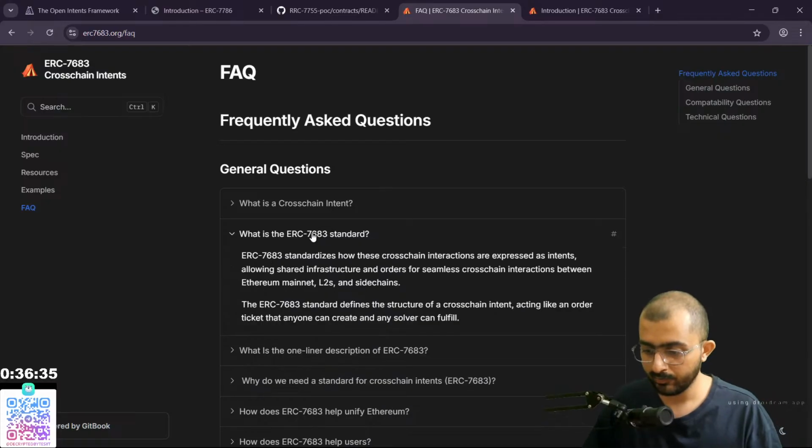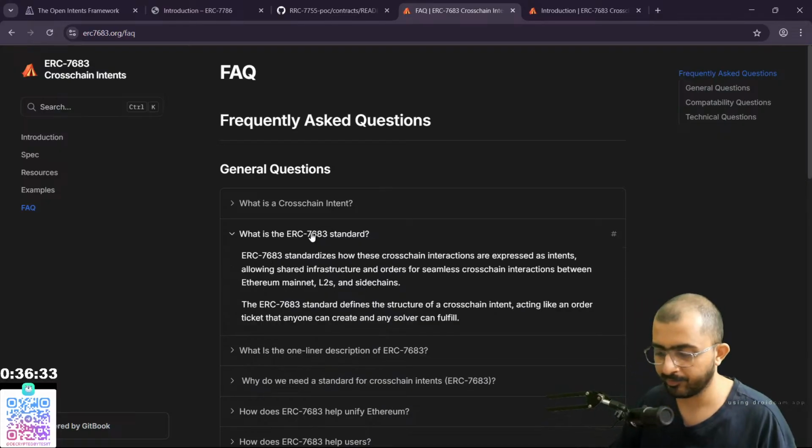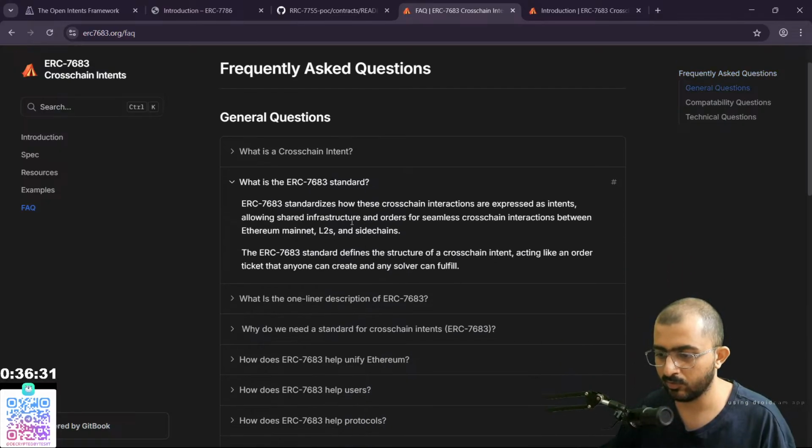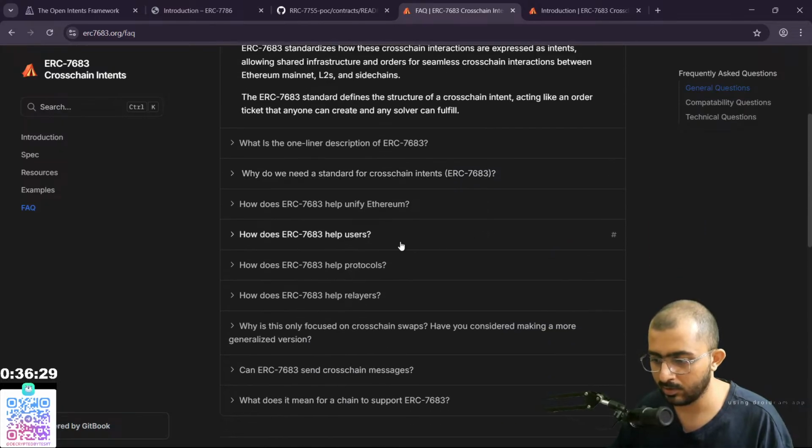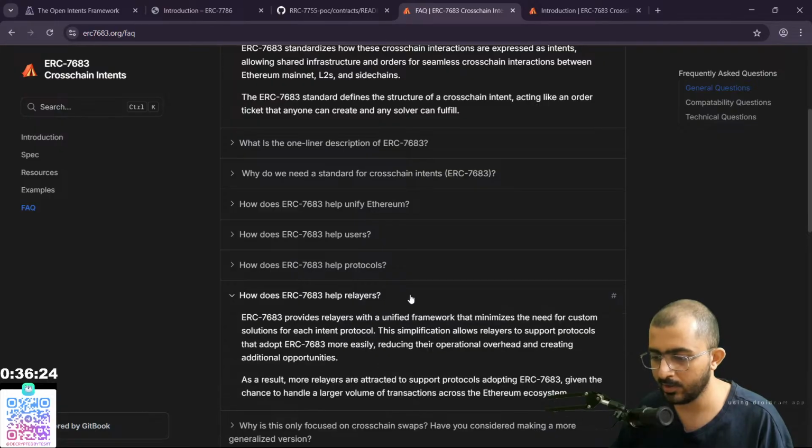Who knows? We have to see. What is the standard? Users, relayers. The article said it was fillers, right? Fillers and relayers, I think they are the same thing.